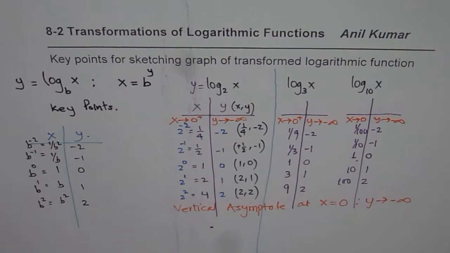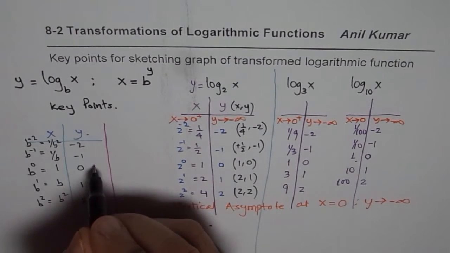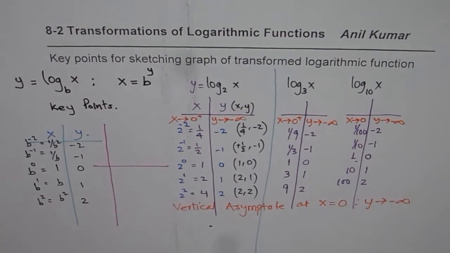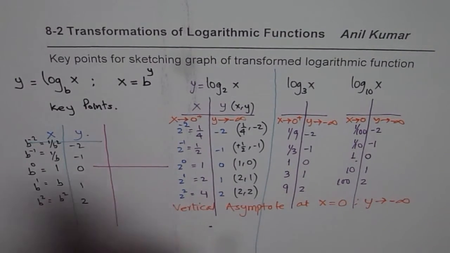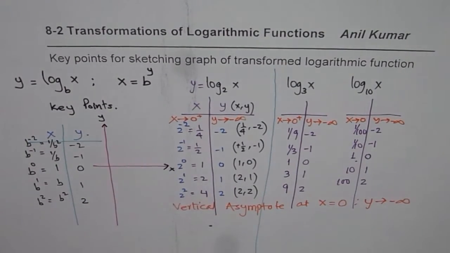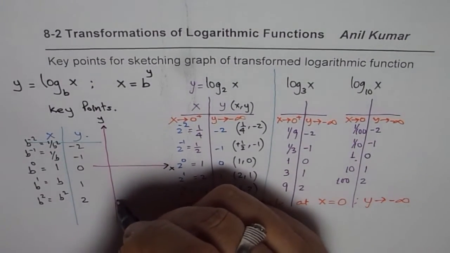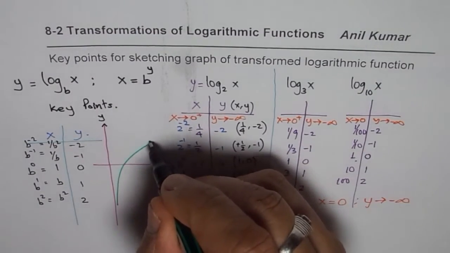And now to summarize, let me just give you a graph of a general logarithmic function, right? So it should be something like this, where let us say this is y for us and this is x for us. In that case, the graph of logarithmic function will be kind of like this.